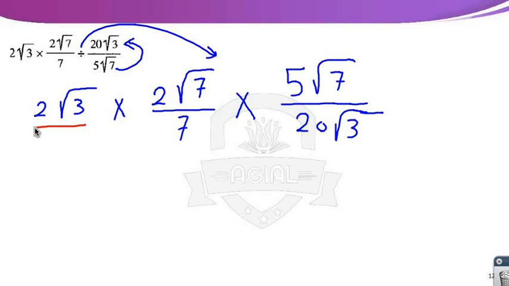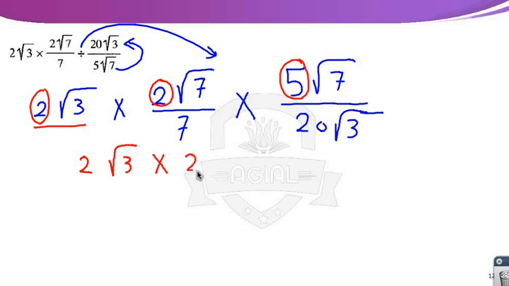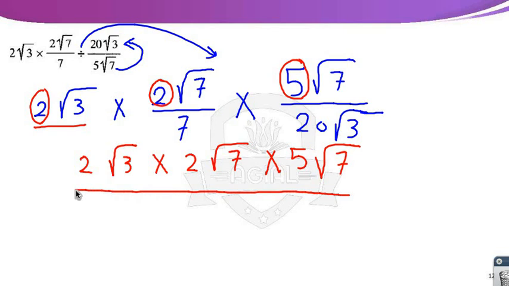So then we have 2 multiply 2 multiply 5. Here we have 2 square root of 3 multiply 2 square root of 7 multiply 5 square root of 7, and the denominator will be 7 by 20 square root of 3. Then here we have square root of 3 with square root of 3.